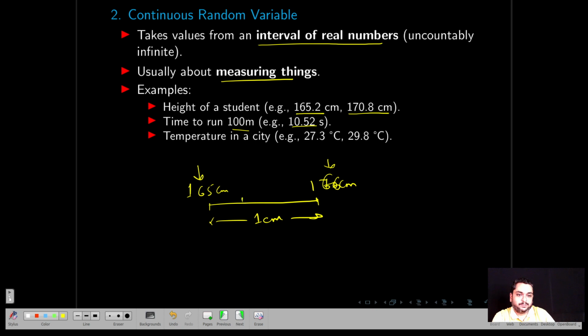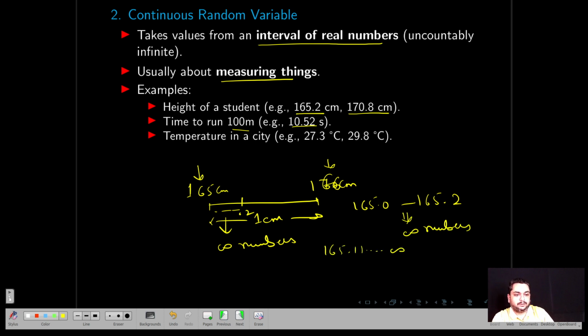But when I say 165.2, there are infinite numbers between even this 1 centimeter. See, between 165.0 and 165.2 there are infinite numbers. That is 165.1111 and so on to infinity, right? I can't count it.